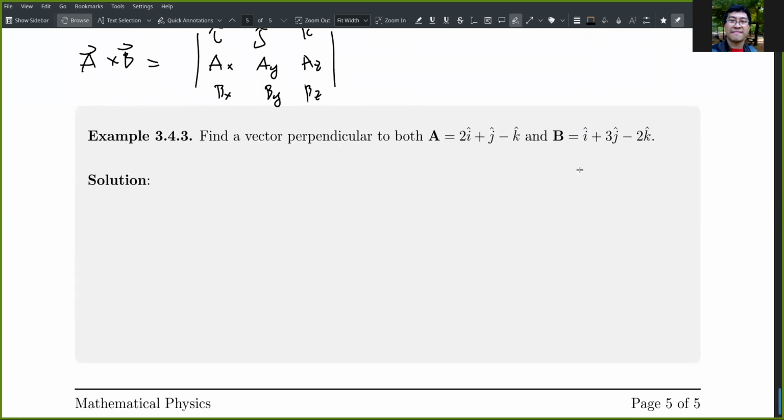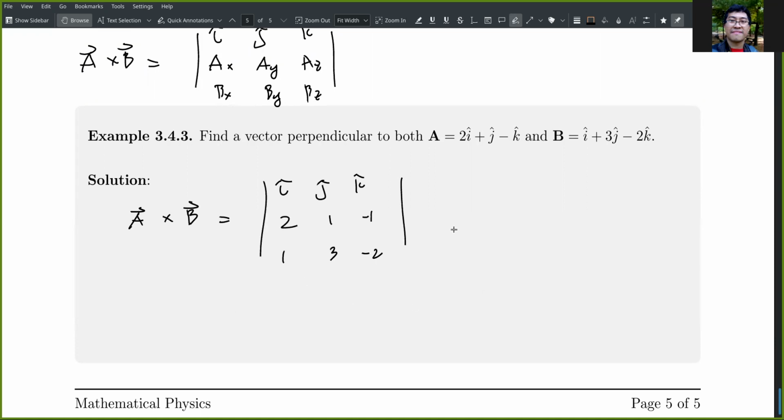Find a vector perpendicular to both A and B. We know that A cross B is perpendicular to both A and B, so basically we're only looking for A cross B. Using the determinant form, you have I, J, K, so 2, 1, minus 1. Here, 1, 3, minus 2.